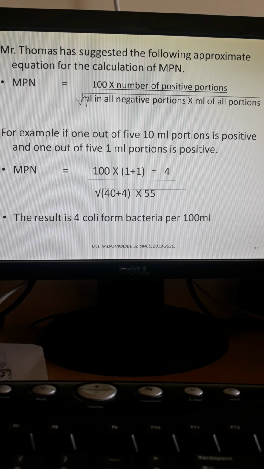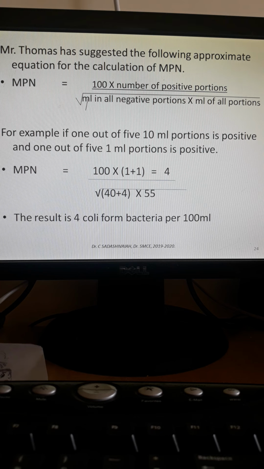So when one test tube containing 10 ml sample was found positive, obviously the remaining 4 test tubes where 10 ml sample was taken will be negative. So 4 into 10 ml in each of these negative test tubes, therefore 4 into 10 is equal to 40 ml.